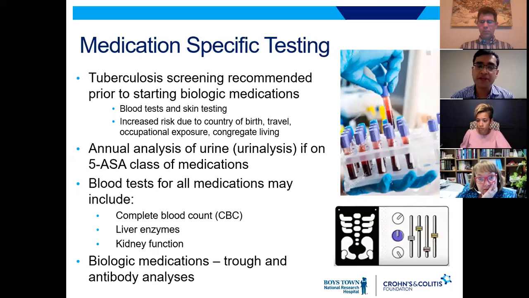This may be periodically done every few years too. If they're on aminosalicylates for ulcerative colitis, then we may also check their urine every year. We'll always look at their white blood cell count, the liver enzymes, kidney functions. If they're on biological medications, checking their levels to be sure that that's therapeutic and that they're not creating any antibodies to that. Next slide.